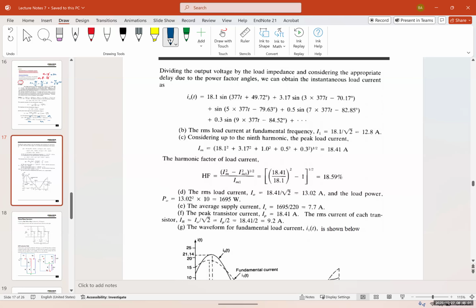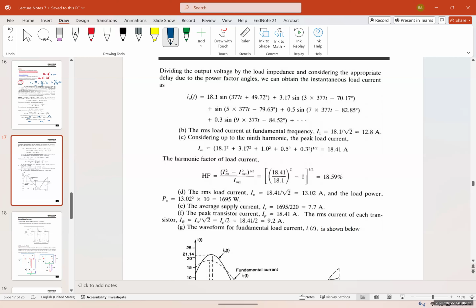Dividing the output voltage by the load impedance and considering the appropriate delay due to the power factor angle, we can obtain the instantaneous load current as well. The only thing we have to do is divide it by the impedance.